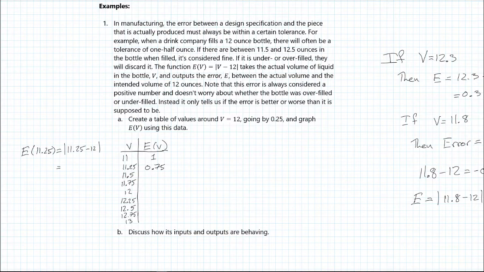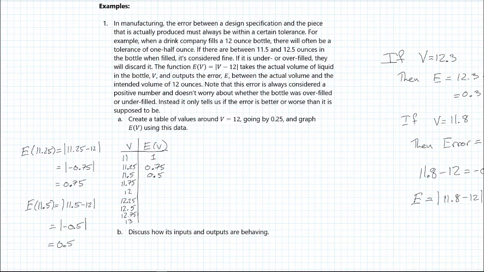And then I do inside the absolute values first to get 11.25 minus 12 is negative 0.75. And then the absolute value of that, just the positive version of it, is 0.75. I'll do this one more time. If I have the error of 11.5, this would be the absolute value of 11.5 minus 12, which equals negative 0.5, and then take the absolute value to get a positive 0.5.